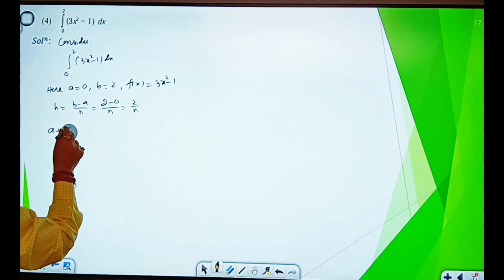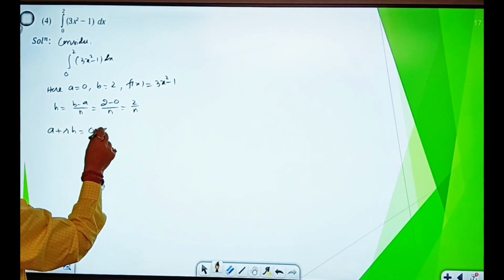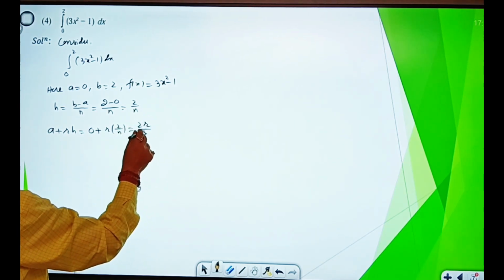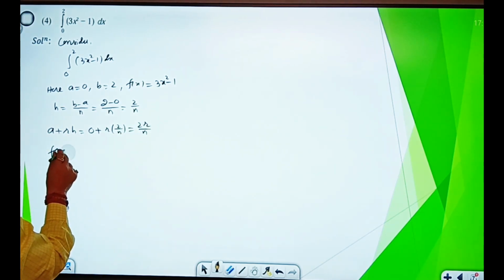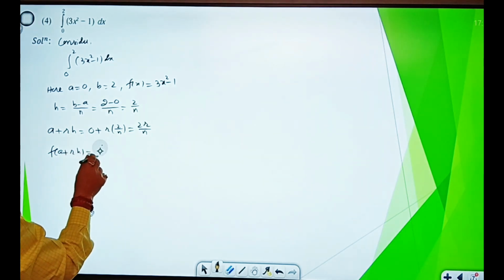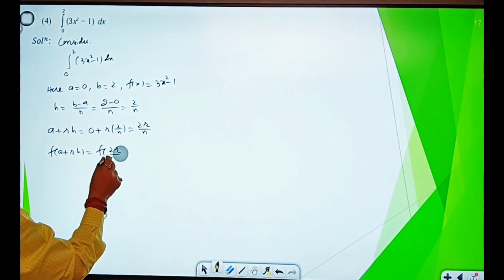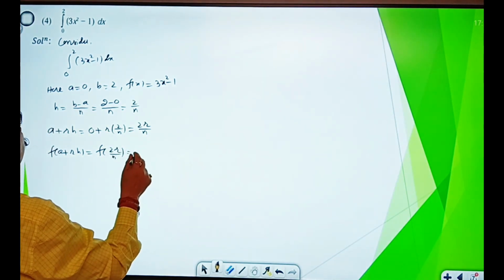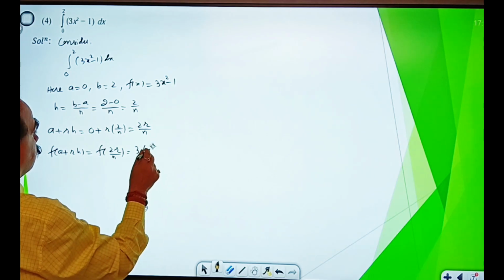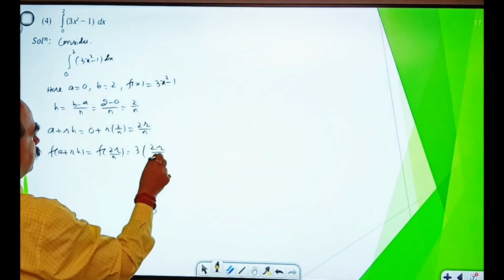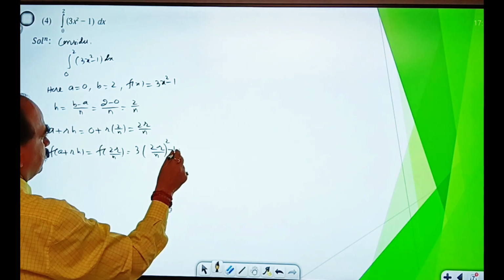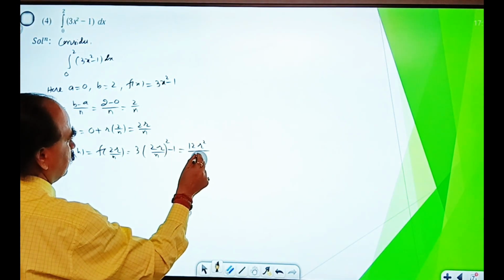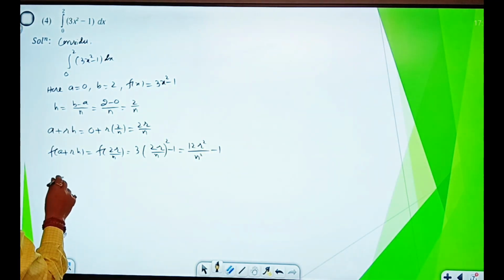Then find out a plus rh: 0 plus r into 2 by n, which is 2r by n. Then find f of a plus rh. f of 2r by n, which is equal to 3 into 2r by n whole square minus 1. 4 into 3, 12 r square by n square minus 1.